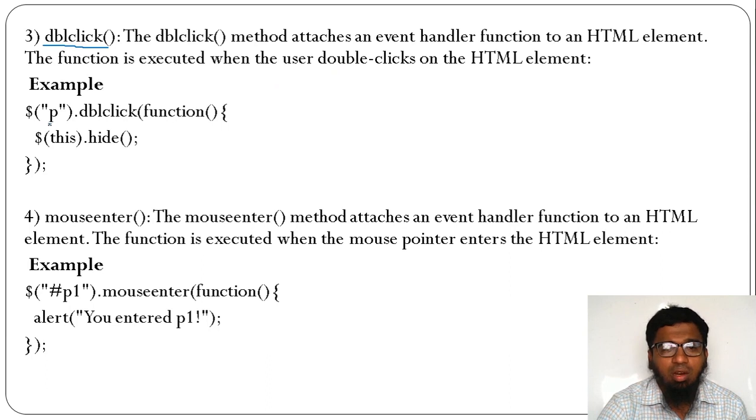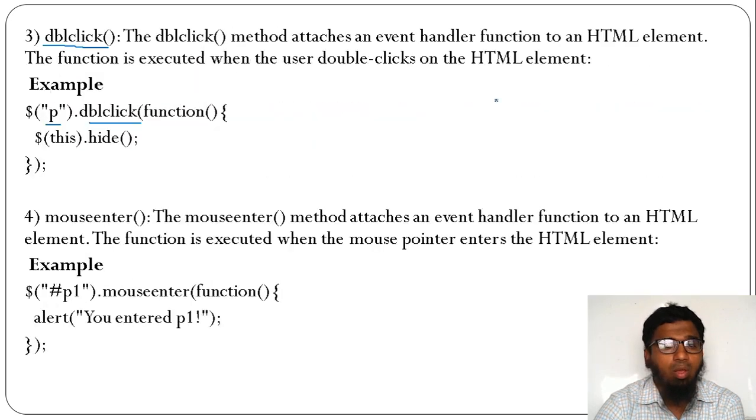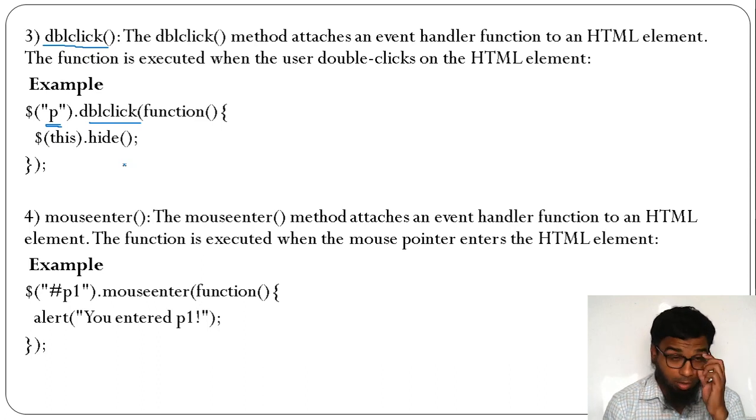See here, P double click: whenever you double click, this will be hidden, meaning the current HTML element. What is the current HTML element now? We have P. So this will be hidden when you double click.